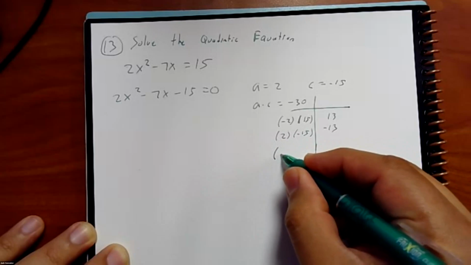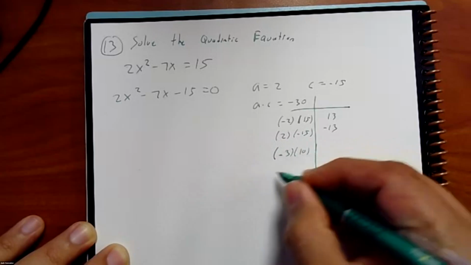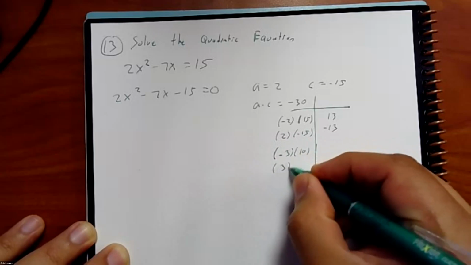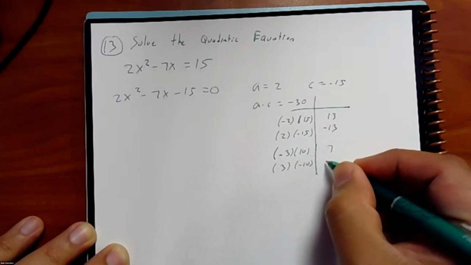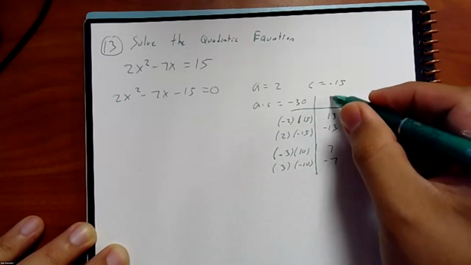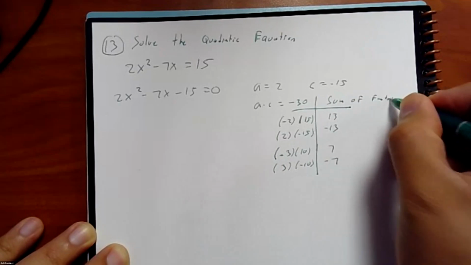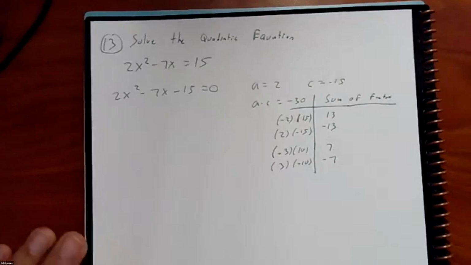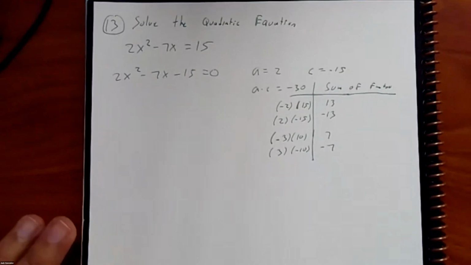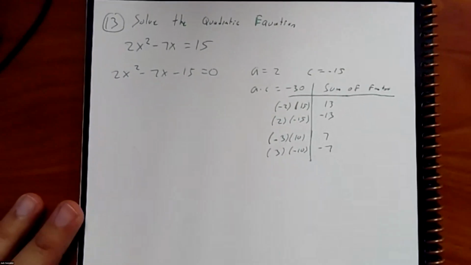Oh, yeah, shoot. Forgot about. No, what's wrong with me? 3 and 10, obviously. 7, negative 7. There it is. Yeah, no problem, Steven.